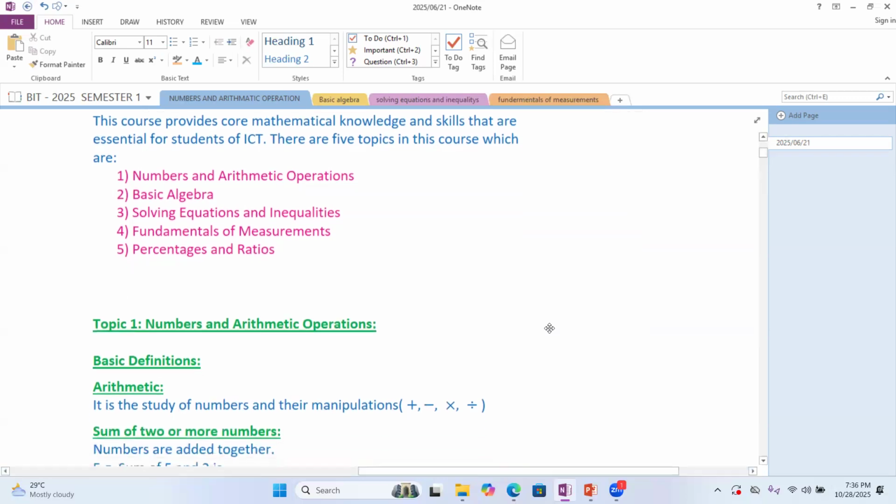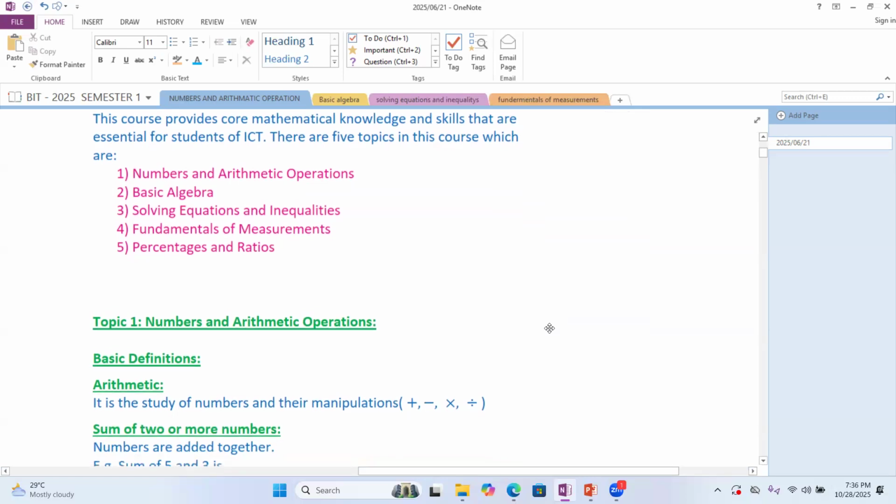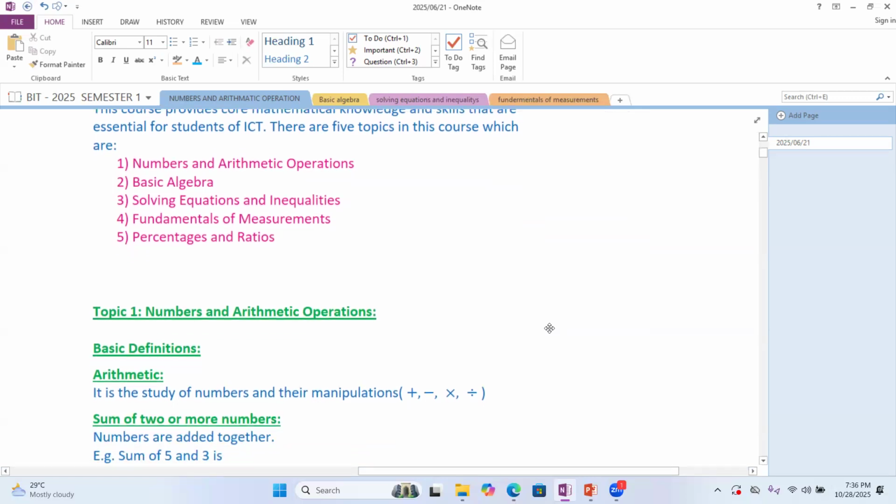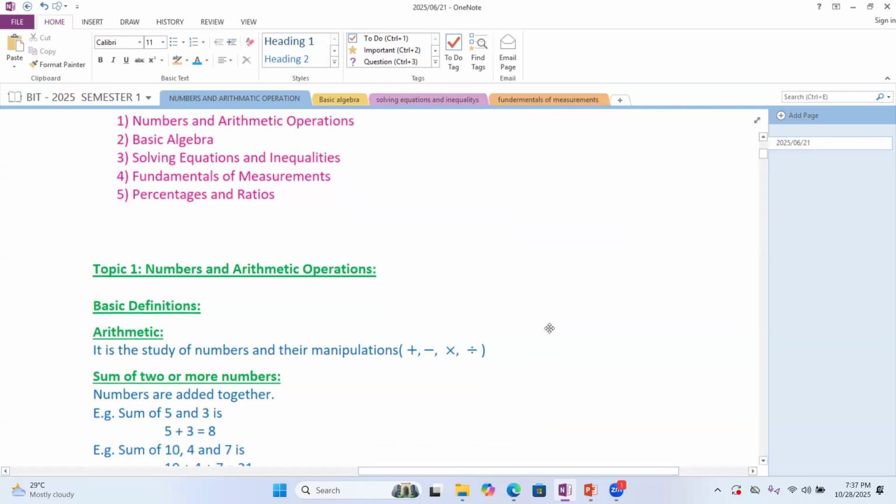The second definition is the sum of 2 or more numbers. Sum of 2 or more numbers means numbers are added together. That means we add 2 or more numbers. For example, the sum of 5 and 3 is 5 plus 3, that is equal to 8.